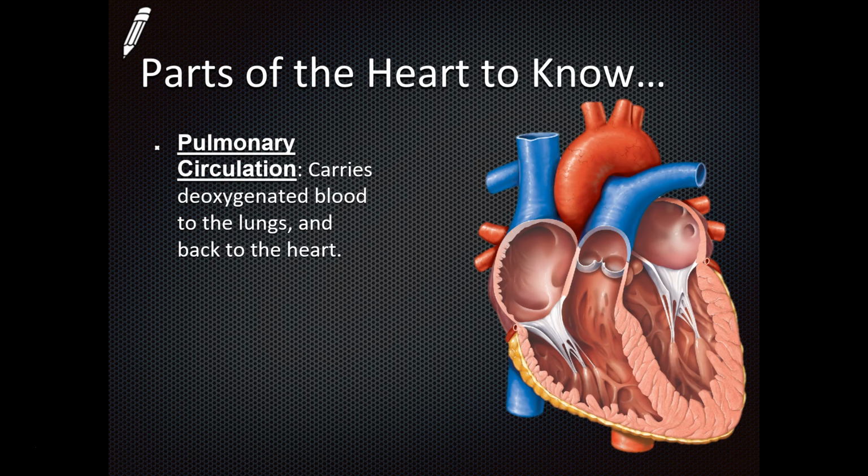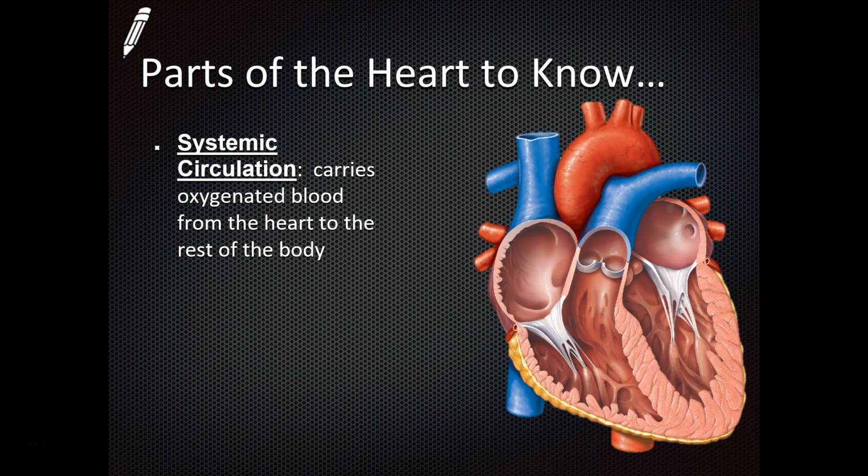Pulmonary circulation refers to transporting the blood to the lungs to pick up oxygen and drop off CO2. Again, pulmonary always refers to the lungs. So the pulmonary circulation starts in the right atrium and ends in the lungs.